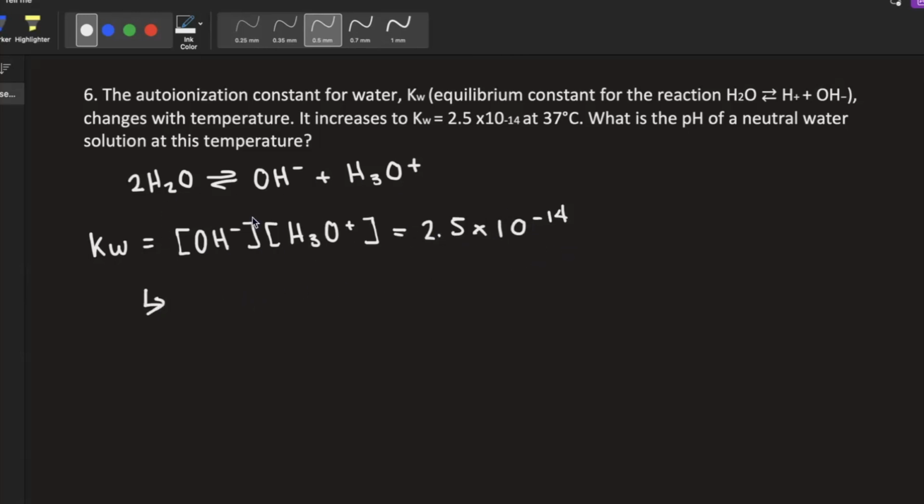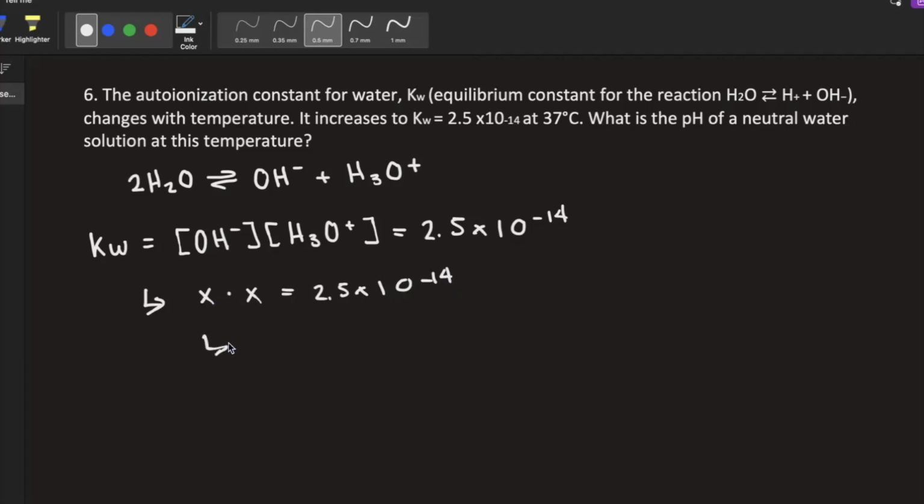For this problem, the unknowns are the concentration of OH minus and the concentration of H3O plus. When you look at the original problem, you're going to notice that the stoichiometry is 1-to-1. For 1 mole of OH negative, there is 1 mole of H3O plus. So we can deem these as both X, so X times X equals 2.5 times 10 to the negative 14th.